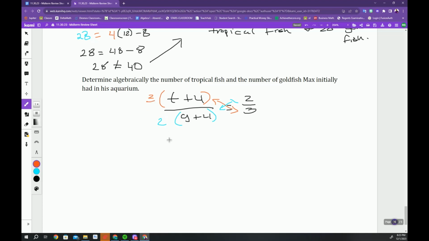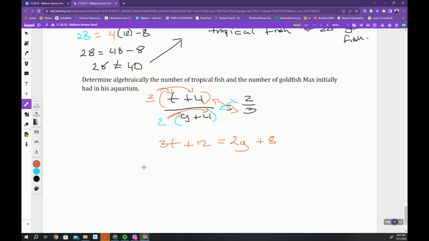So 3 times T is 3T, 3 times 4 is plus 12, is equal to 2 times G is 2G, 2 times 4 is plus 4. Oh, I'm sorry, it's plus 8.